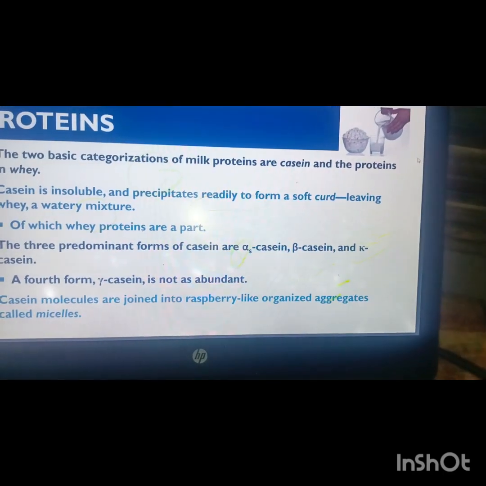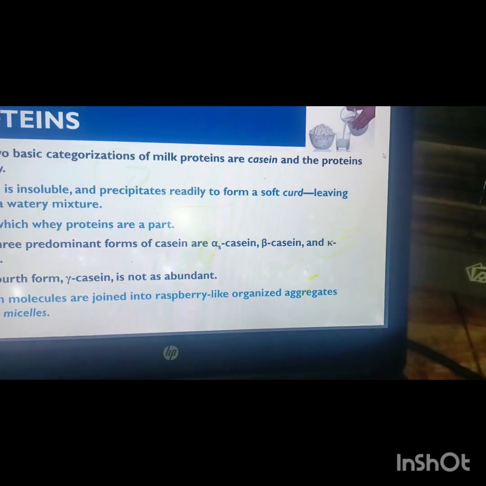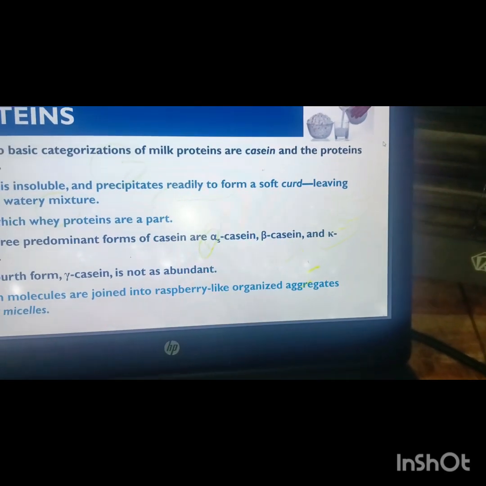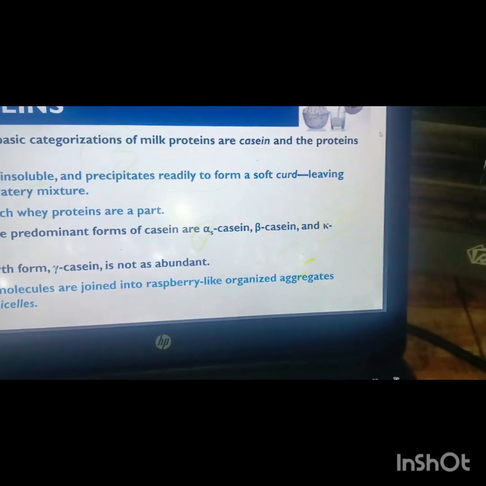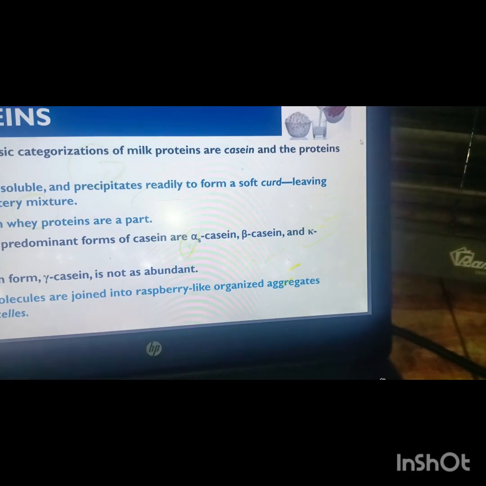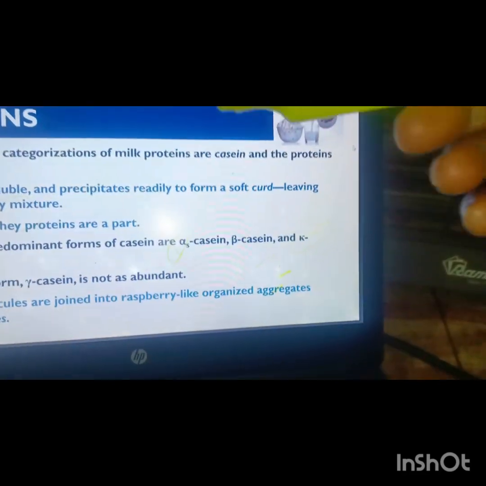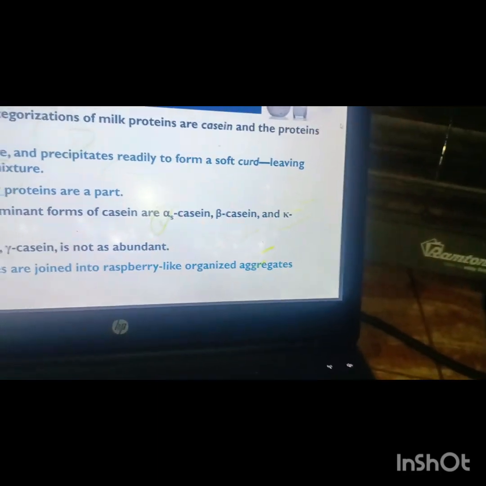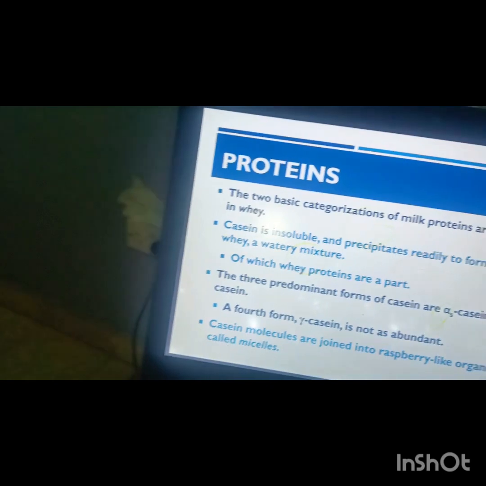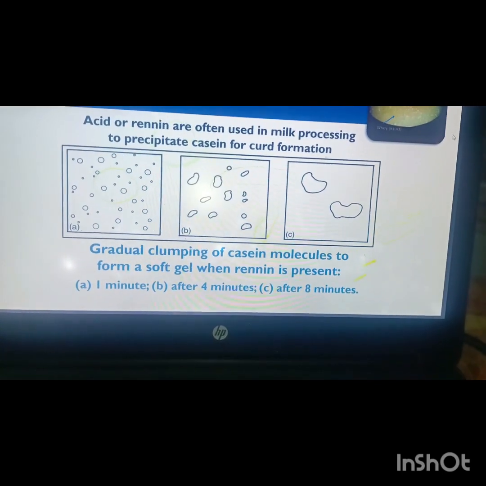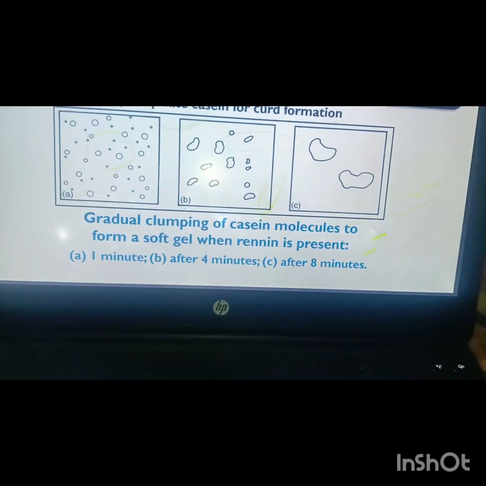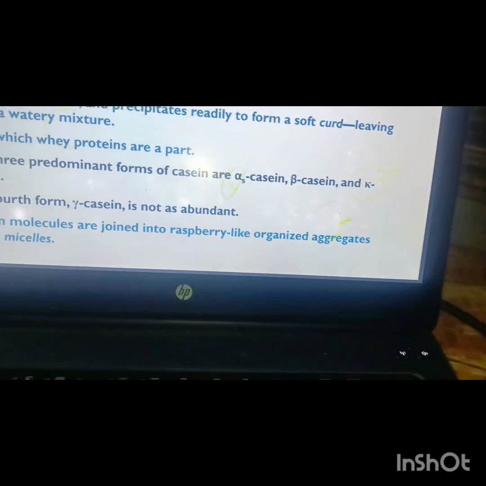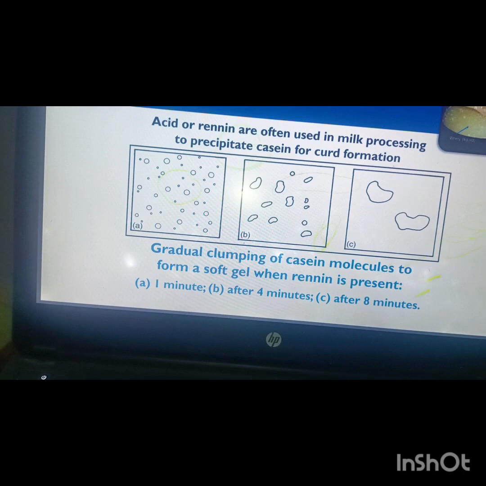So we have the whey protein and the casein, which includes alpha, beta, and kappa casein, and the other form, gamma casein, which is not very abundant. Generally, the caseins are formed in aggregates that we call micelles.